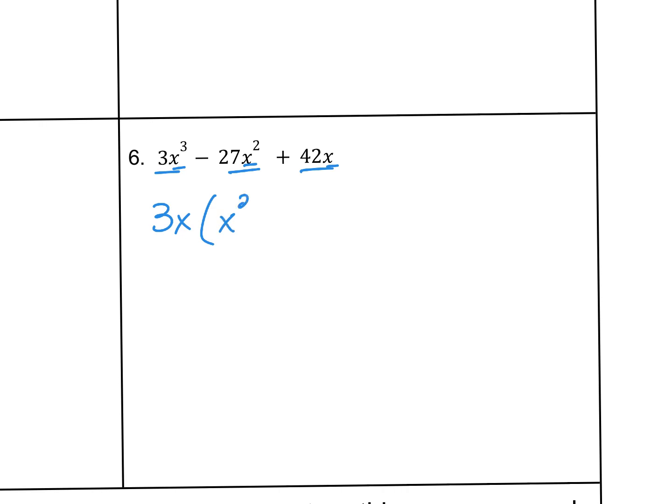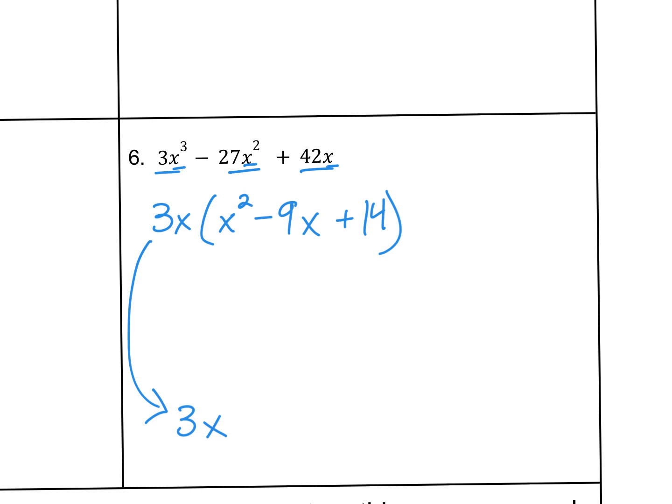Negative 27 divided by 3 is a minus 9. And then my x's, I just have x to the first left. And then we've got our 42 divided by 3, which is going to be 14. Okay. And now we want to go ahead and drop this guy down because he's got to make it to the final answer. Don't forget about him.